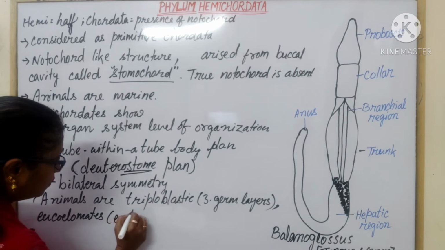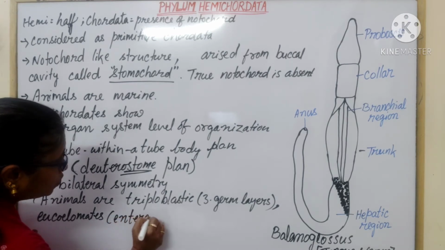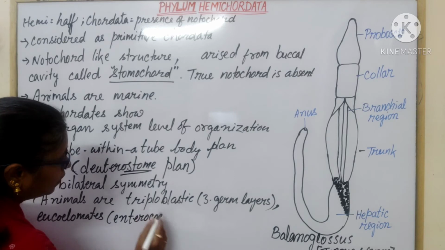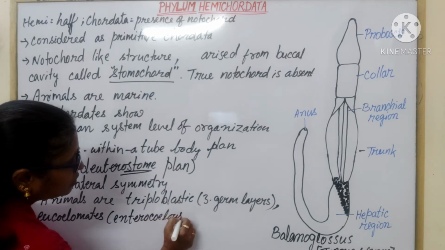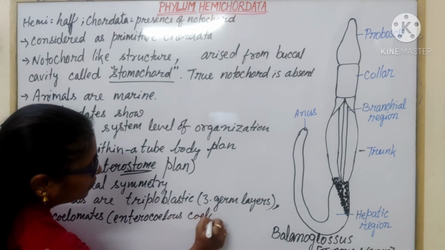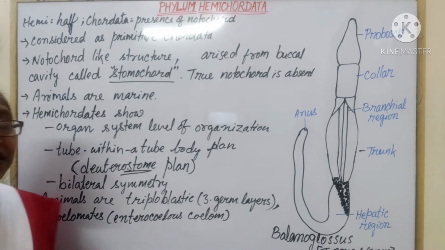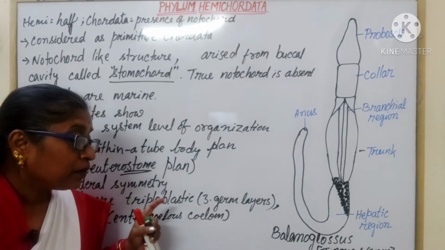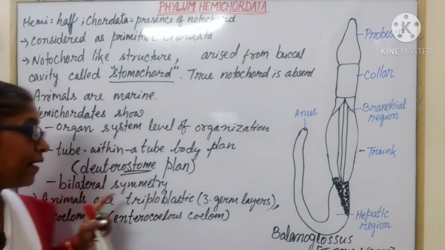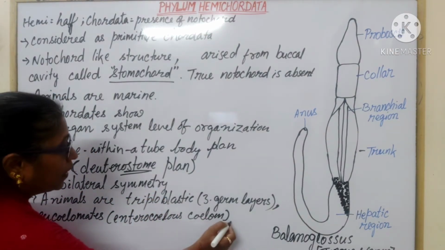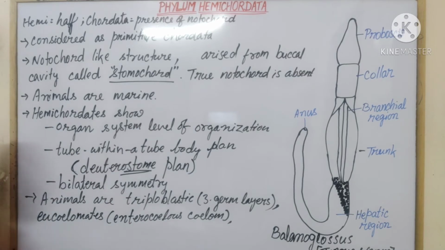Enterocoelous or enterocoelic coelom is present. The coelom arises from the archenteron like the echinoderms, and these animals are unsegmented.